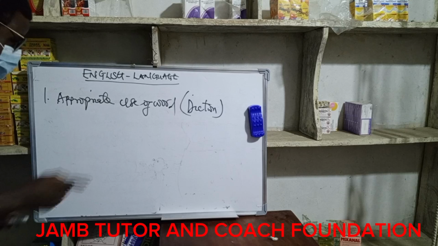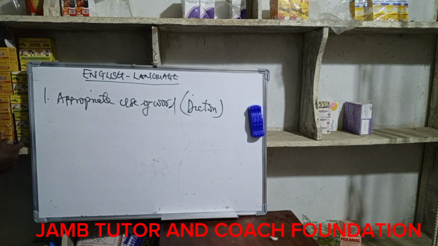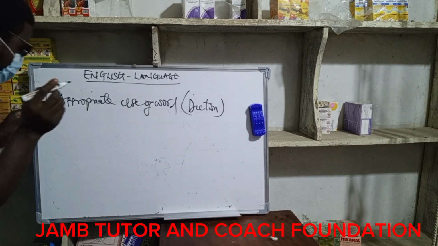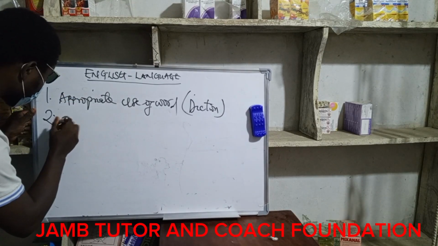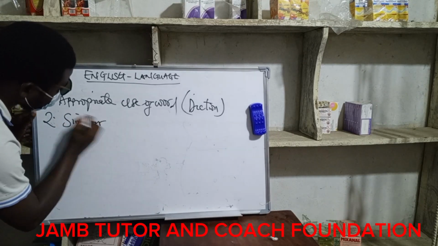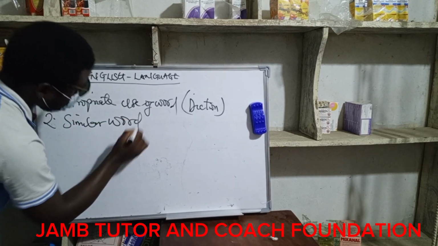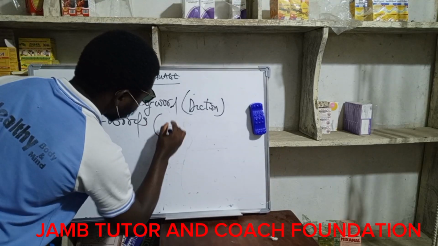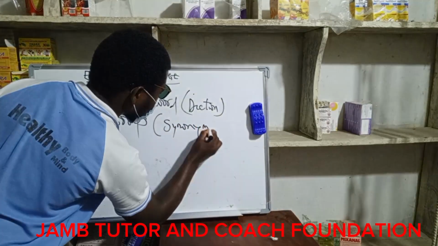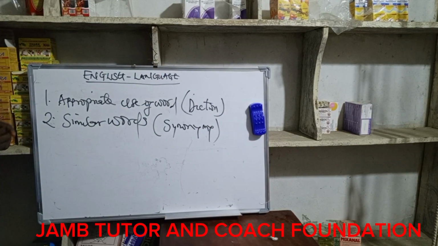So it is very important you know the topic the question is being set from. So the second area is similar words, which is also known as synonyms. That is the second area.